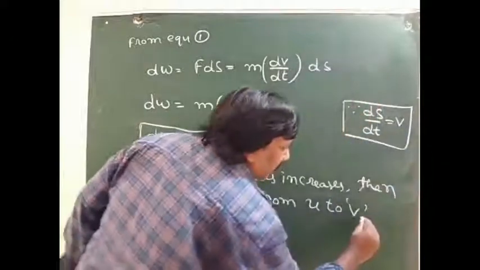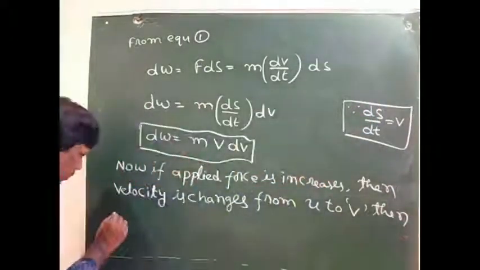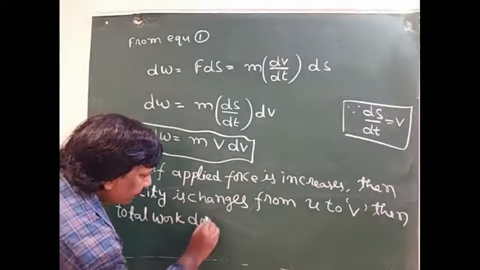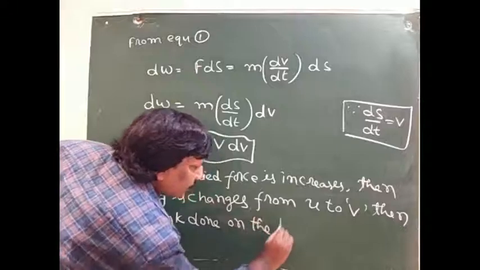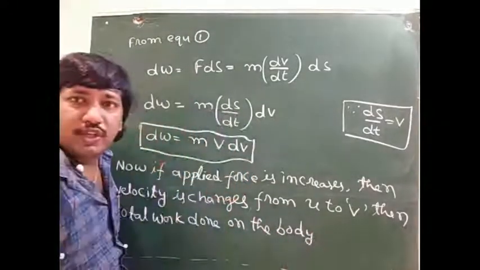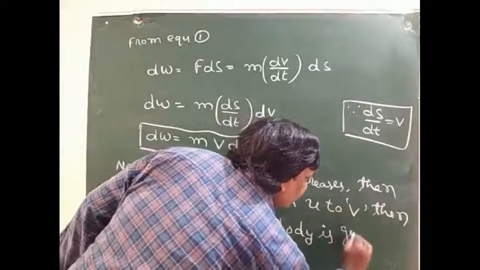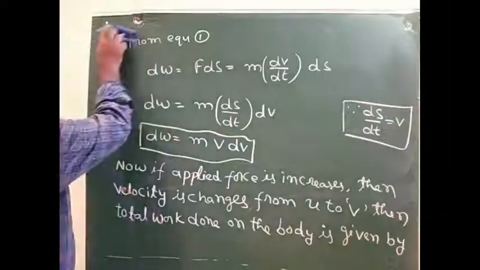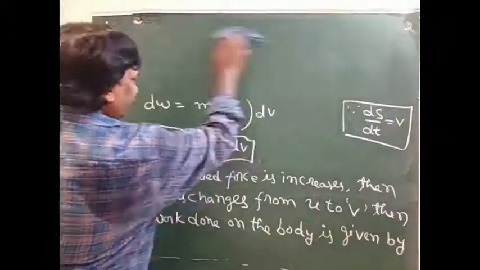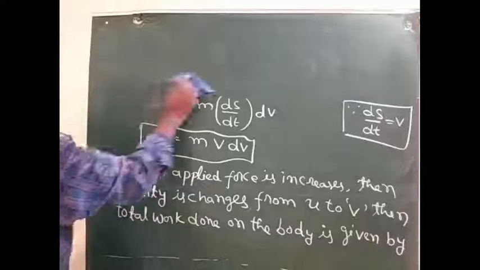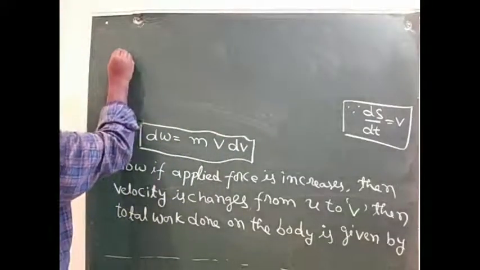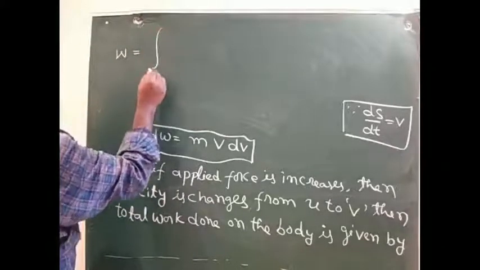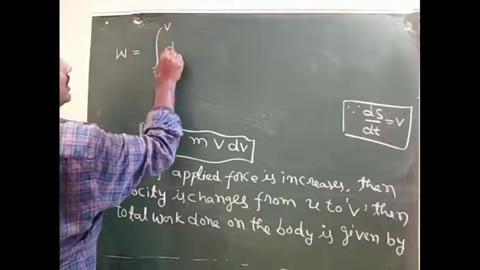Then the total work done on the body is given by W equal to the integral from u to v of dW.